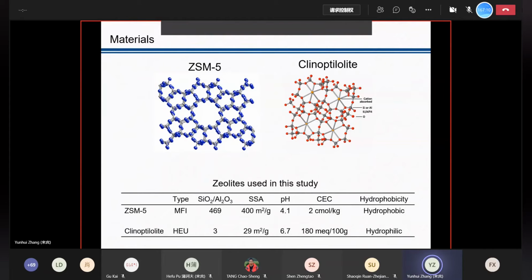From the table, ZSM-5 has a higher surface area, a lower pH, and a higher silicon-aluminum ratio, and clinoptilolite has a higher CEC value, which is beneficial for its adsorption towards cations such as metal ions. And ZSM-5 has a higher affinity with organics due to its high hydrophobicity.